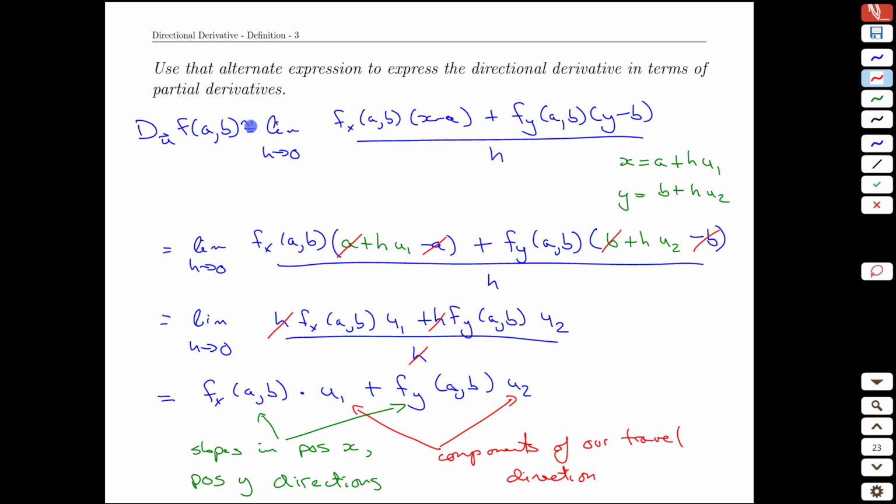So if we're asked for the directional derivative, we're going to calculate the two partial derivatives that we know already. So I put a big check mark there. And then we include the effect of, well, we're not going in the x or y direction specifically. We're going in some combination of those two directions represented by the vector captured in u1 and u2.